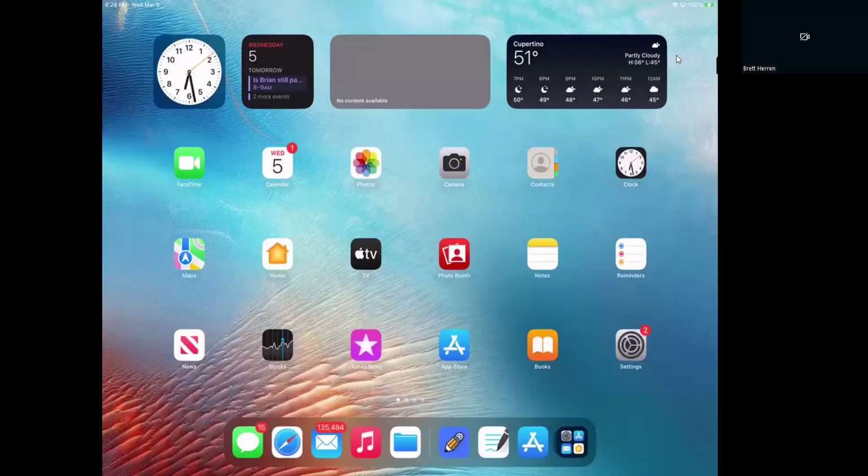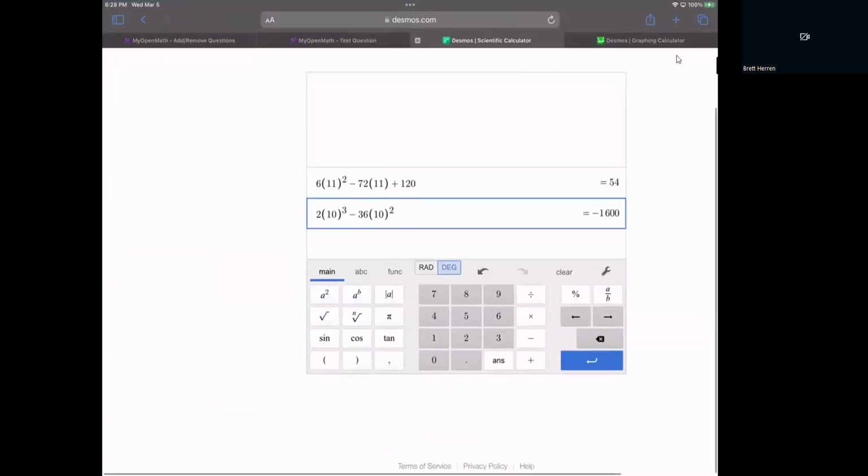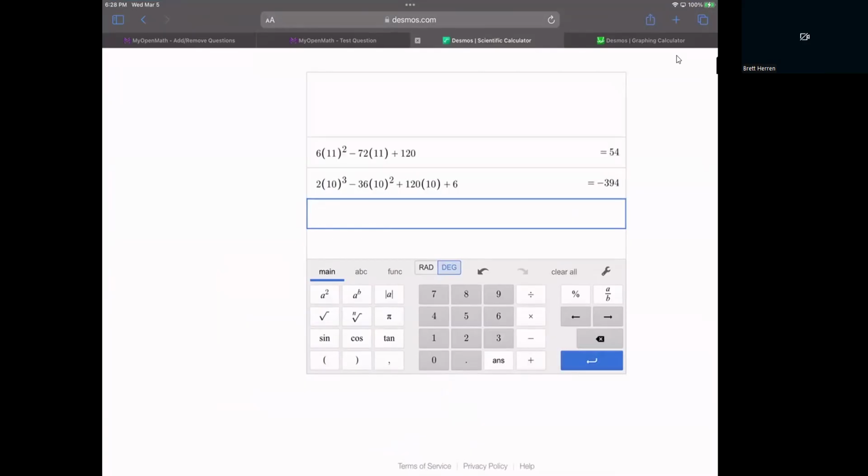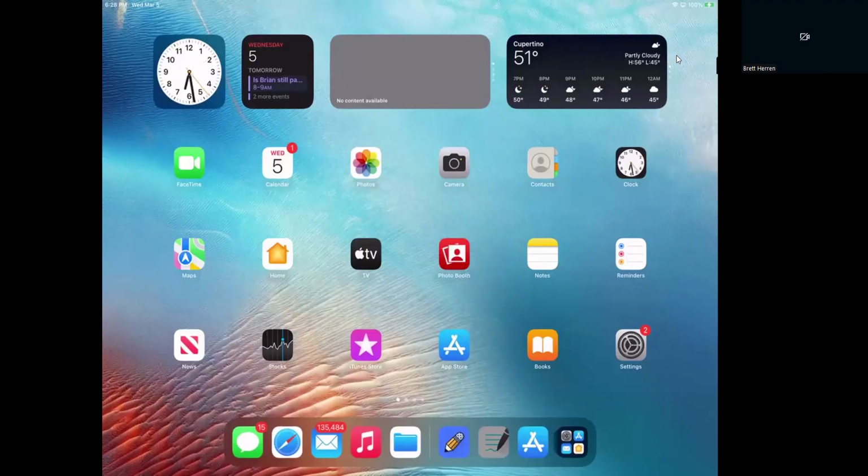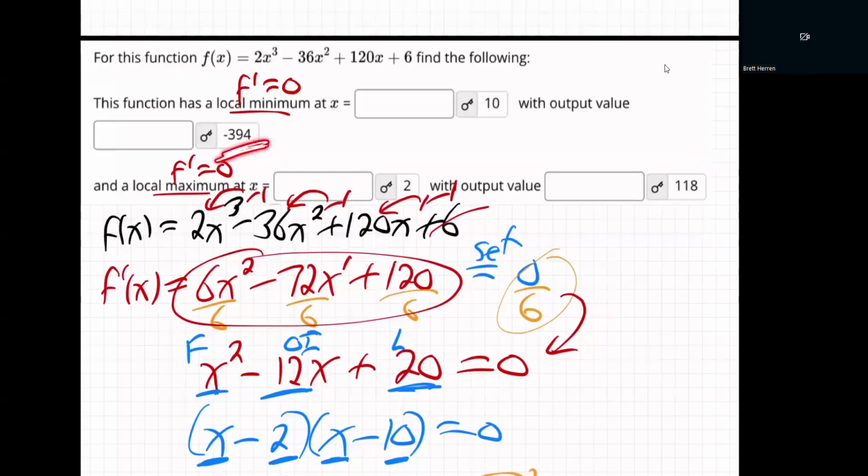Plugging in 10, I got negative 394. Is that what they got? Yep, negative 394. Now that was when I plugged in 10.